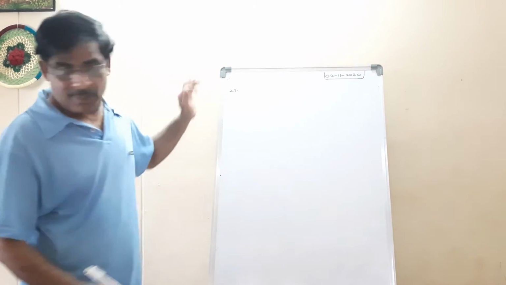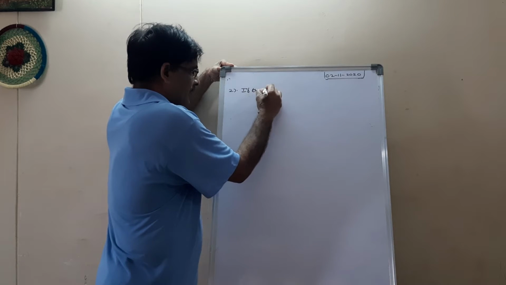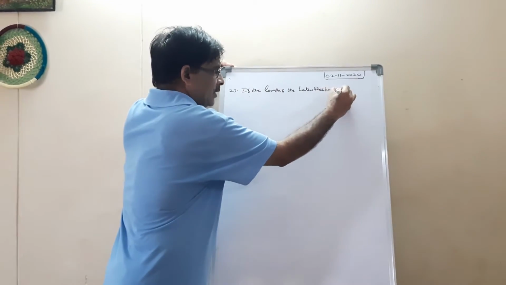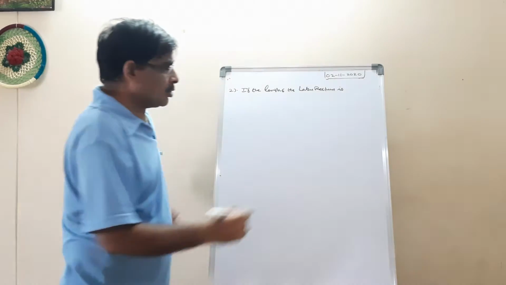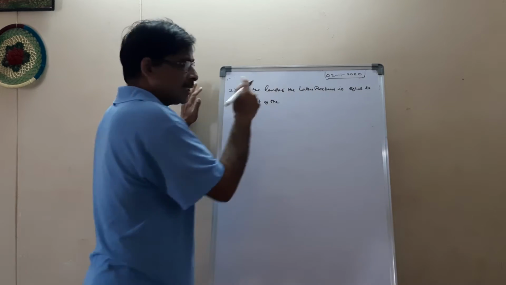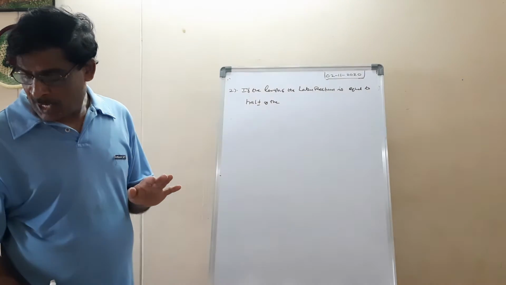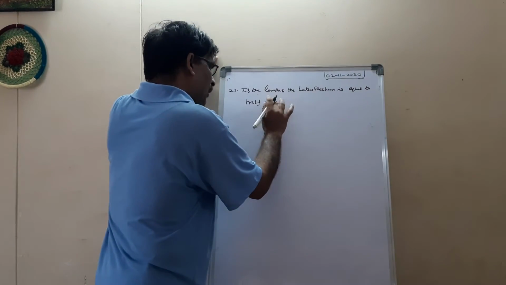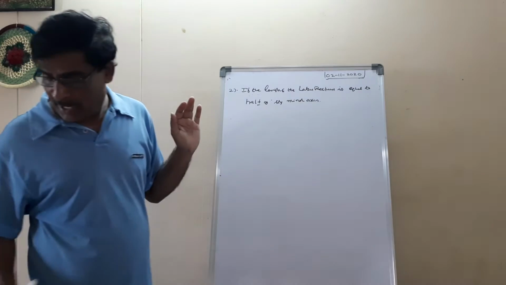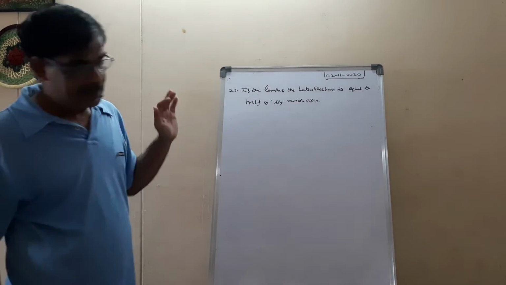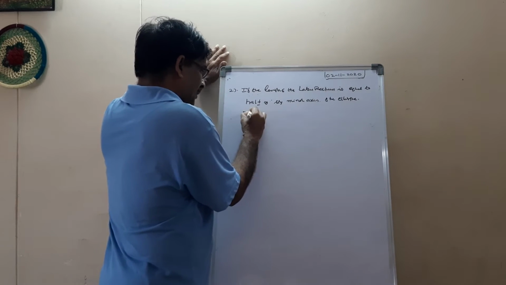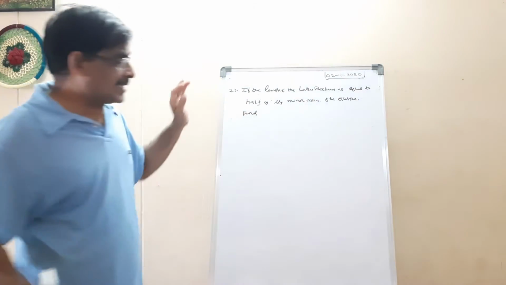If the length of the latus rectum is equal to half of its minor axis of the ellipse, find the eccentricity of the ellipse.